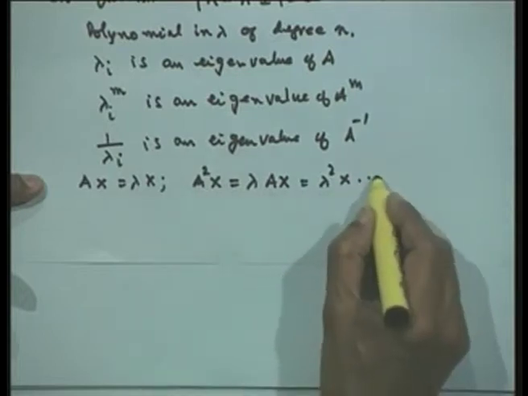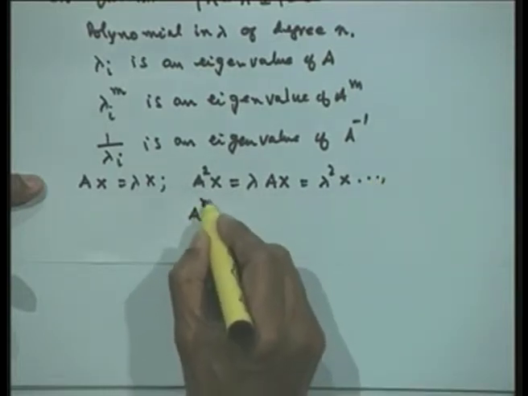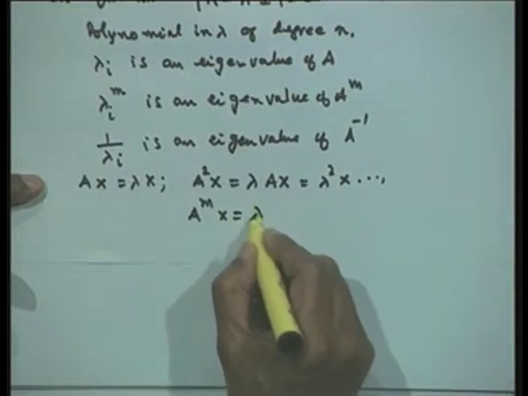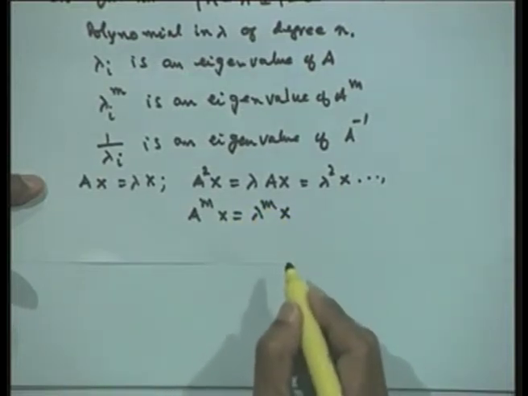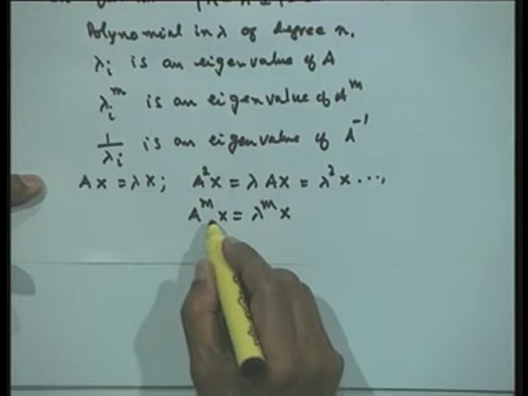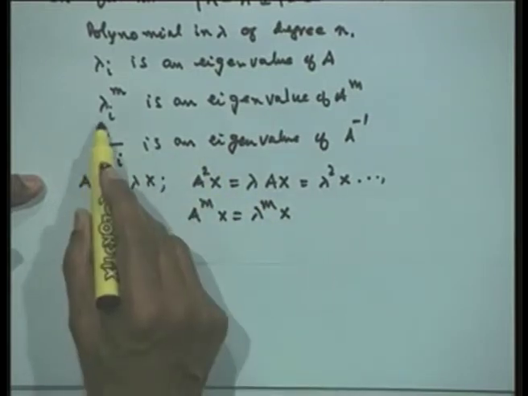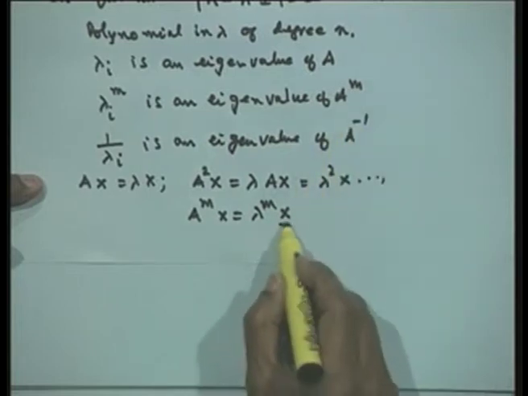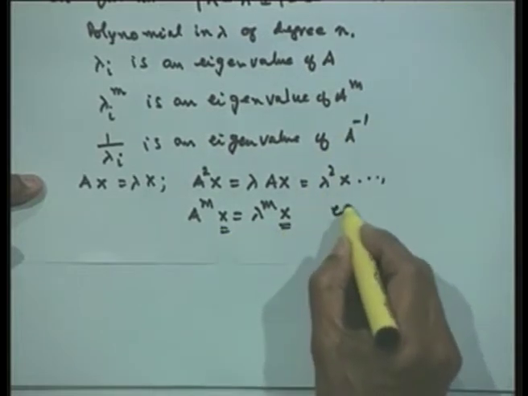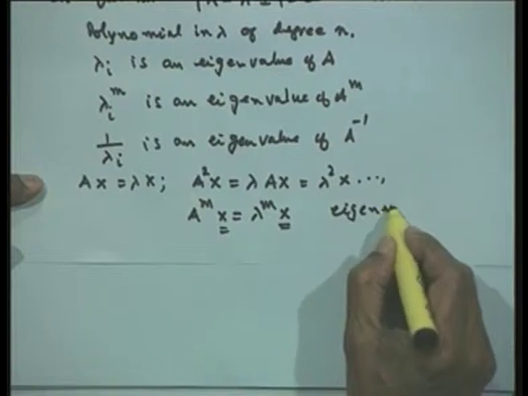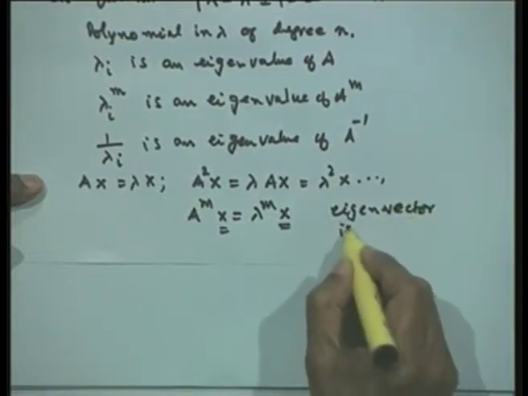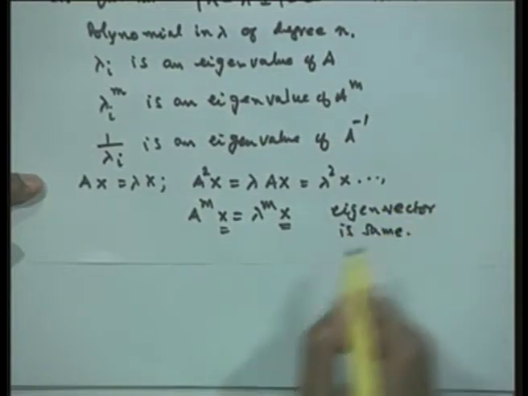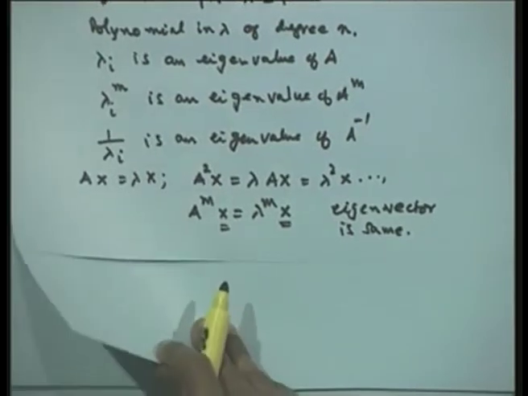If I continue on, I get A to the power of m x equal to lambda to the power of m x. Therefore the eigenvalue lambda I to the power of m is the eigenvalue of A to the power of m, but the eigenvector is the same. It is important for us to know that the eigenvector does not change.